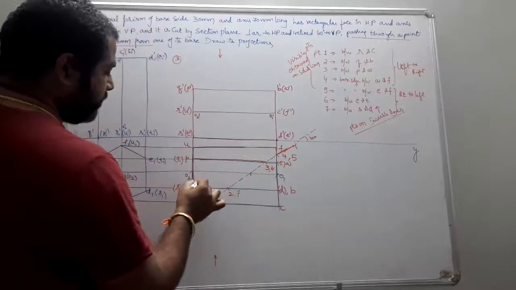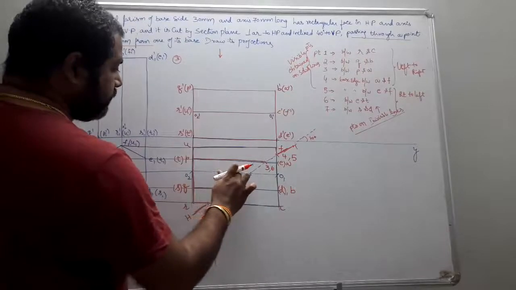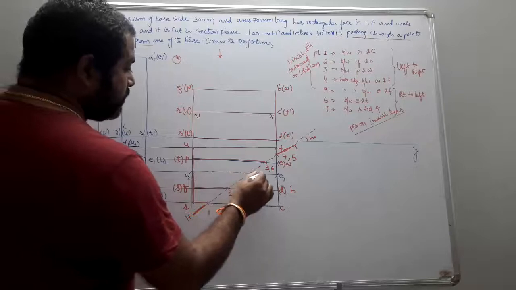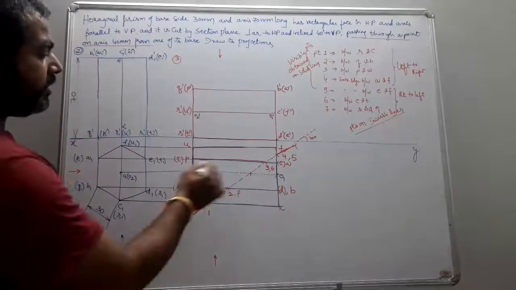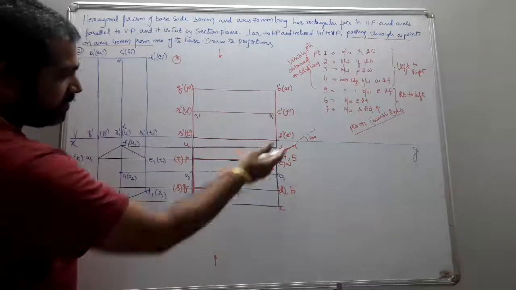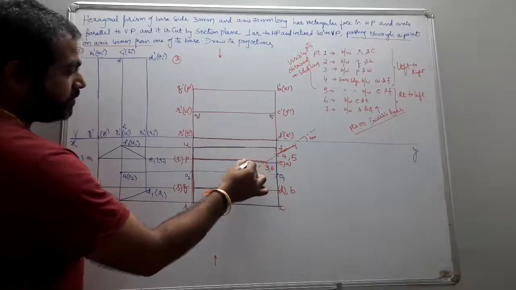So this was the axis. This was the retained portion and this was the removed portion. The portion between observer and cutting plane is removed and the remaining is the retained portion.